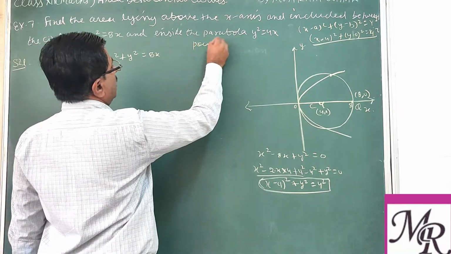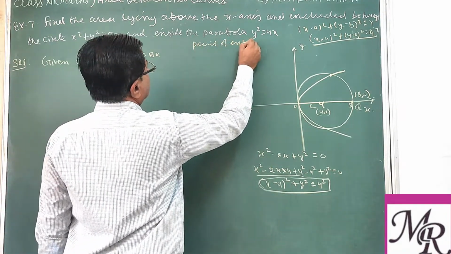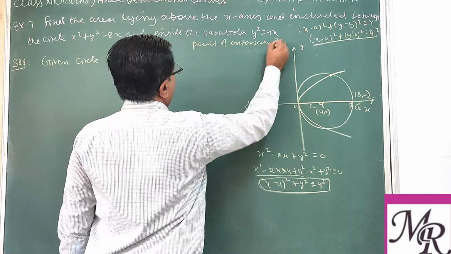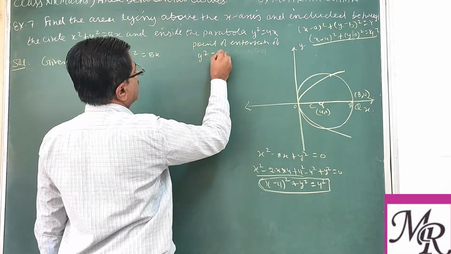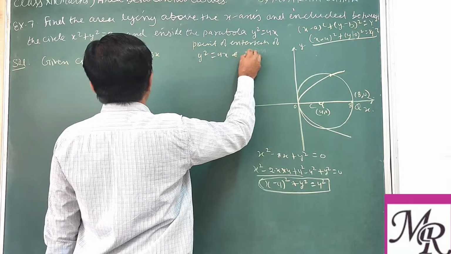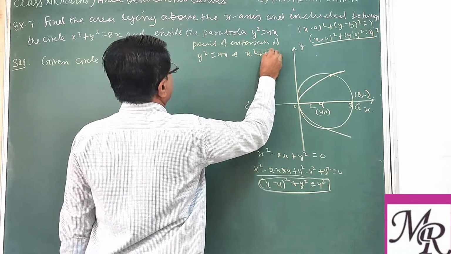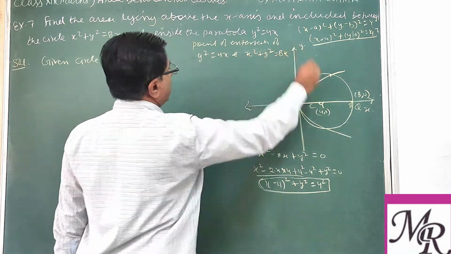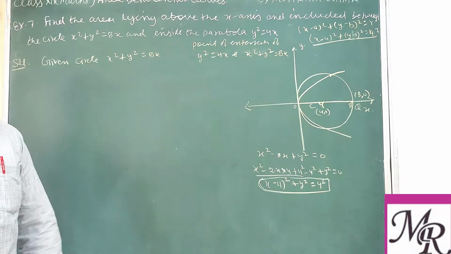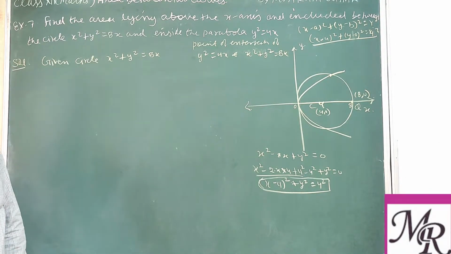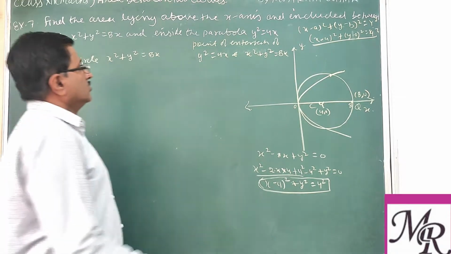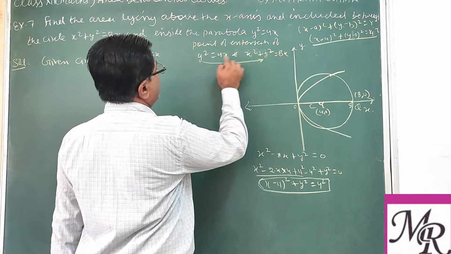So the point of intersection of y² = 4x and x² + y² = 8x. That you have to find because that gives you the limit. So put here y² as 4x.